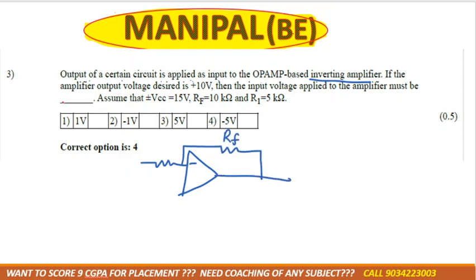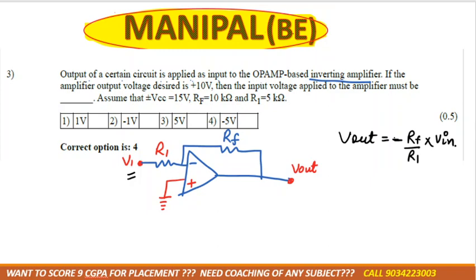Feedback is represented by RF, input resistance is represented by R1, the input voltage is V1, and the positive terminal is grounded. What is the formula for the output voltage of the inverting amplifier? V out is equal to minus RF divided by R1 multiplied by V in, as its voltage is connected with the negative terminal.